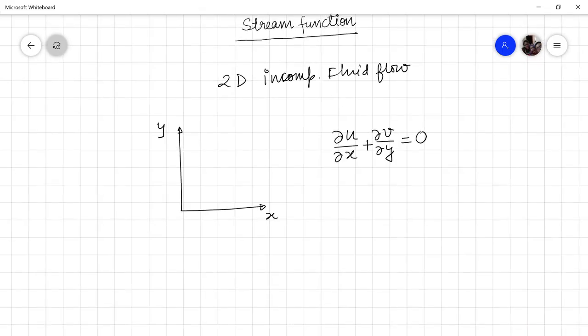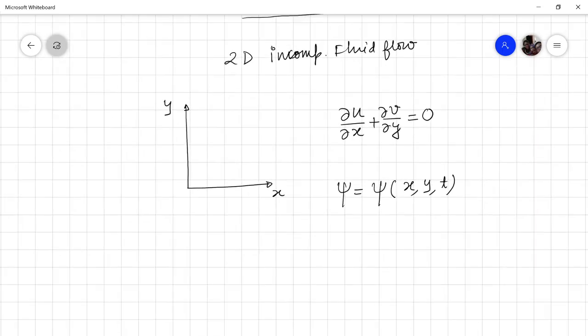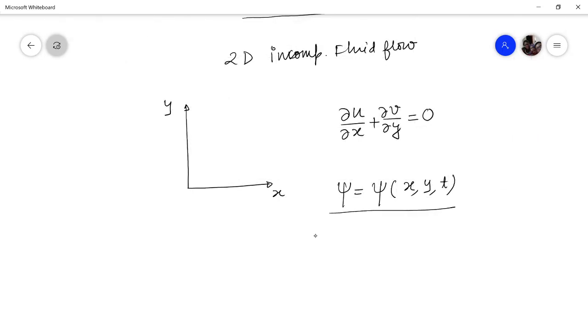Now if you define a function psi which is a two-dimensional function of x and y, and t let us say, then this is defined in such a way that u is del psi by del y and v is minus del psi by del x.